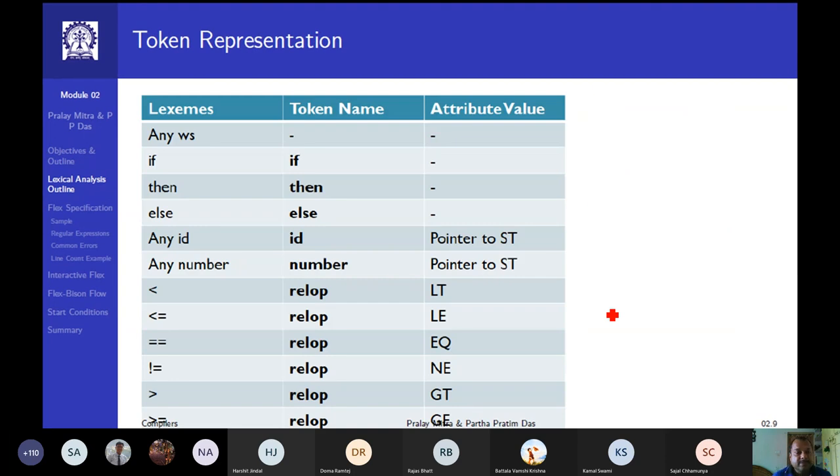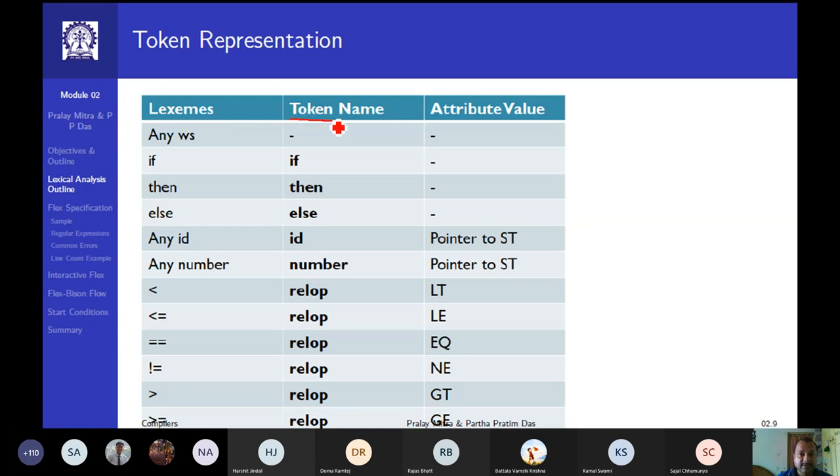Next, let me consider some of the reserved keywords along with the relational operators. In this table, you can see that there are 3 columns. The first column is lexemes, a sequence of characters following a pattern, and that pattern belongs to some token class.